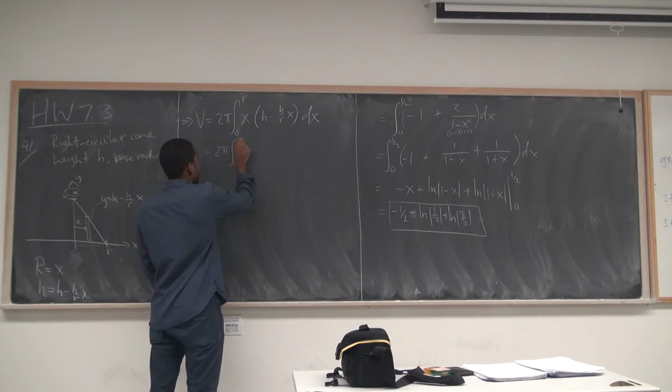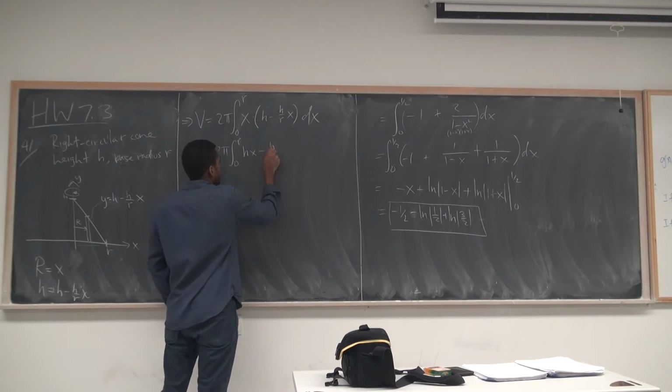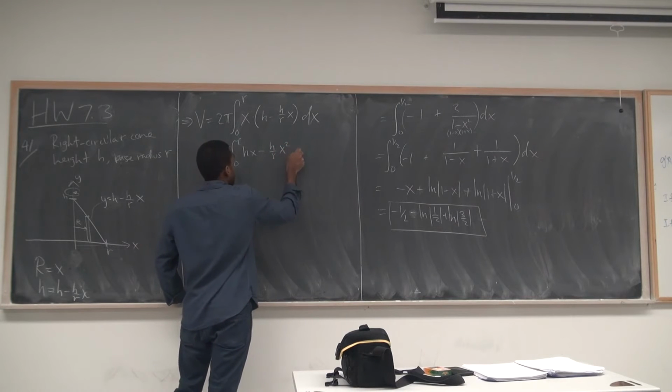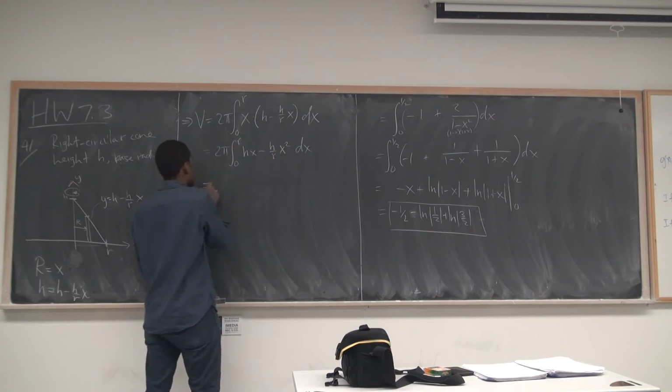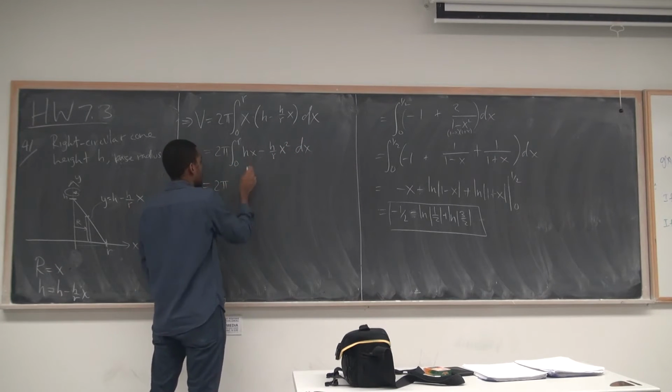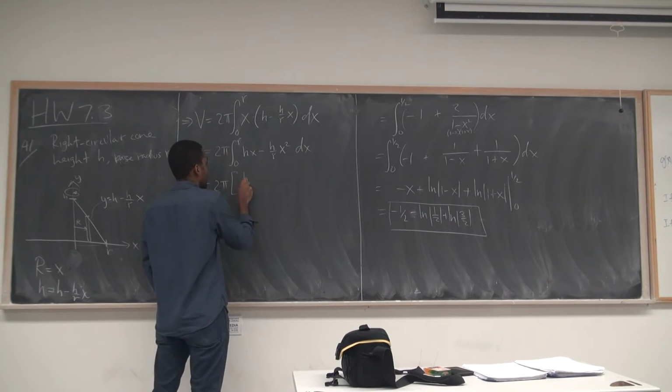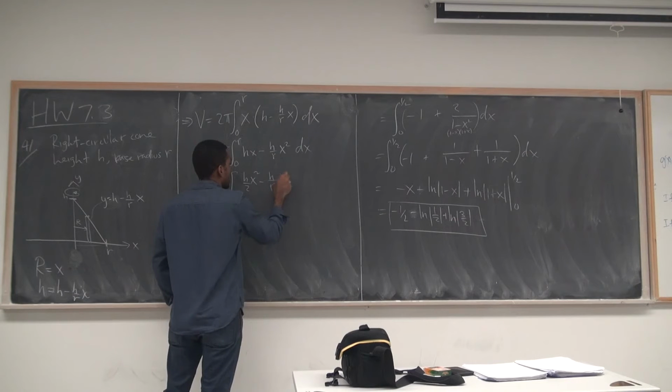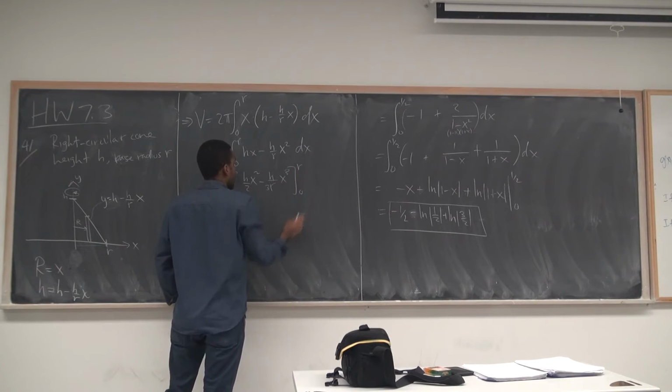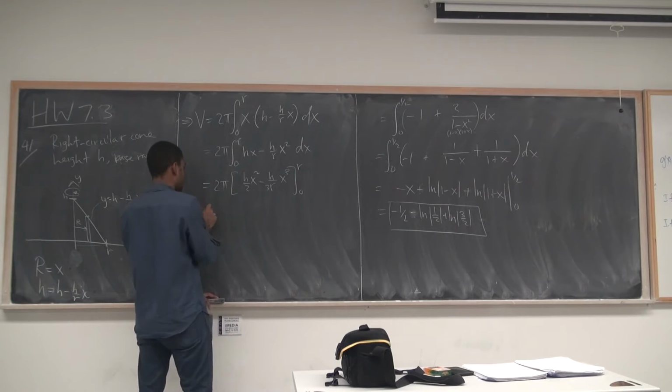It's 2 pi between 0 and r. This is hx minus h over r x squared. Integral of this is h over 2 x squared minus h over 3r x cubed between 0 and r. Plug in 0, everything's going to die, so I just plug in r.